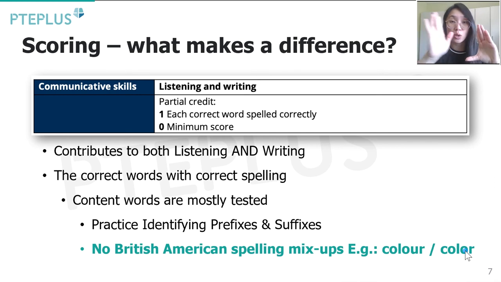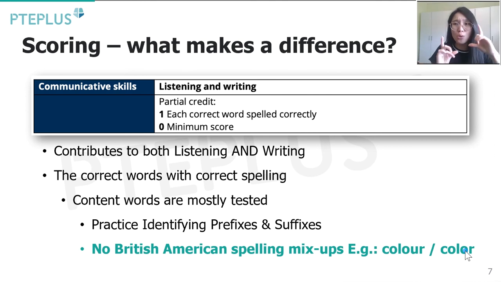If you used American spelling for one of the blanks and then British spelling for the other blanks, that's going to cost you. One of them is going to be taken as wrong. So make sure you use a consistent spelling system in that one fill in the blanks question.